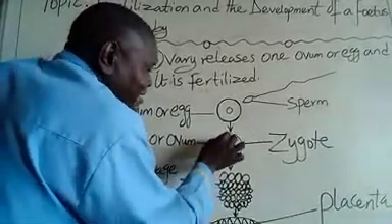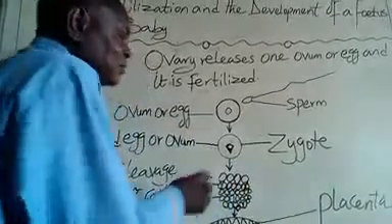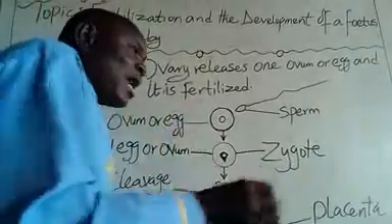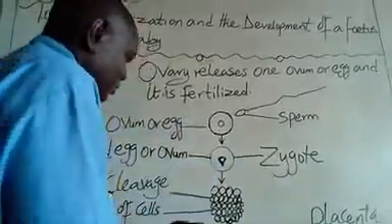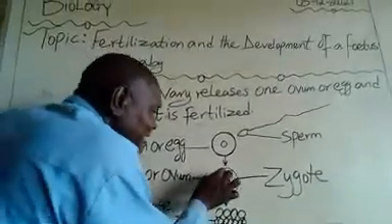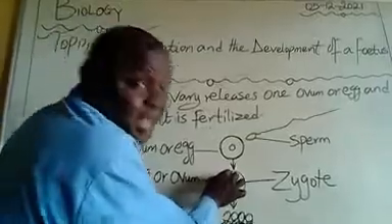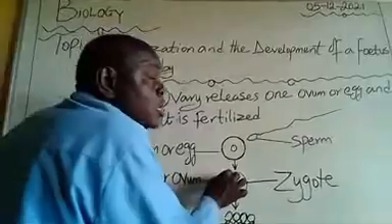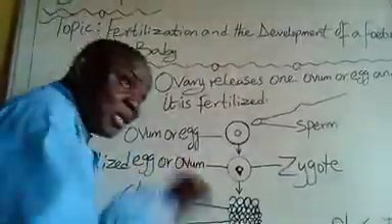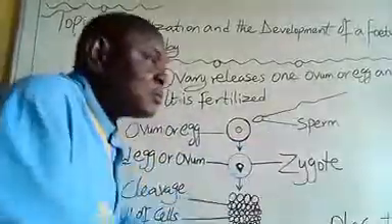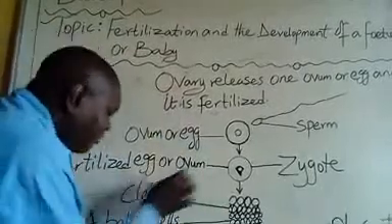This original cell will split into smaller cells. The splitting of the original cell into smaller cells is called cleavage.